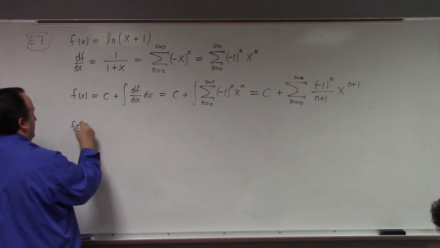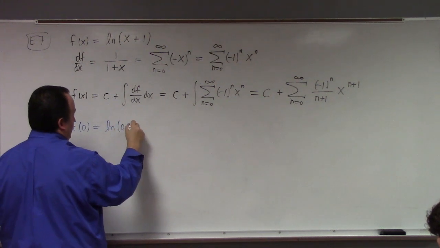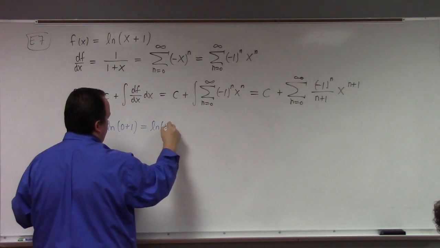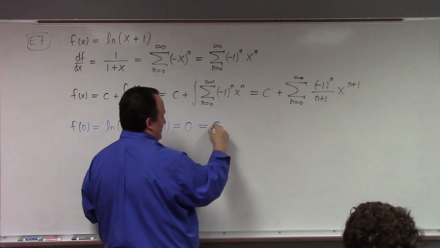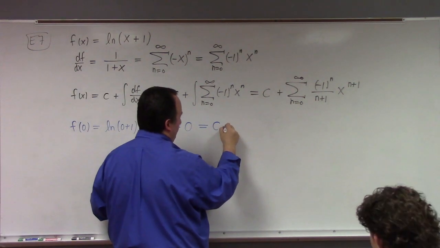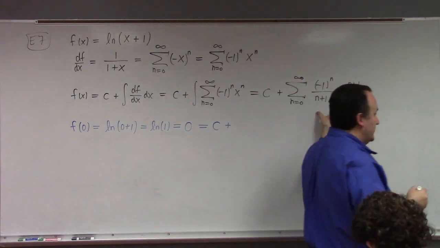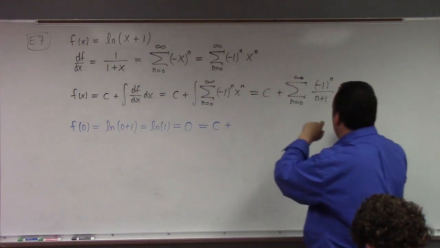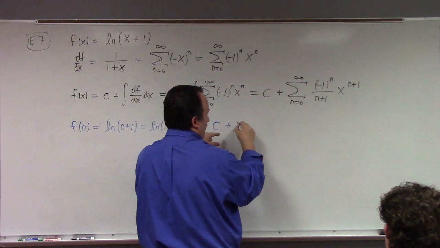Let's see here. How about 0? 0 is a nice thing. f of 0 is the natural log of 0 plus 1, which is the natural log of 1, which is 0. And that's supposed to be equal to this constant, which we don't yet know, plus what? What is this series? Plug in n equals 0, you get x.